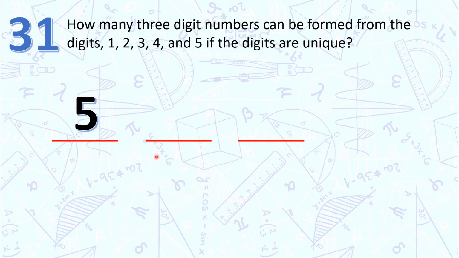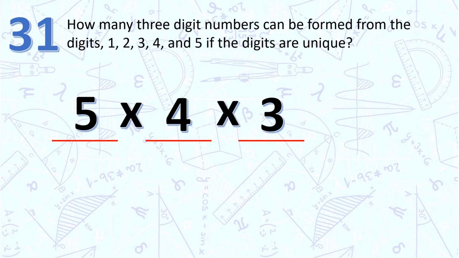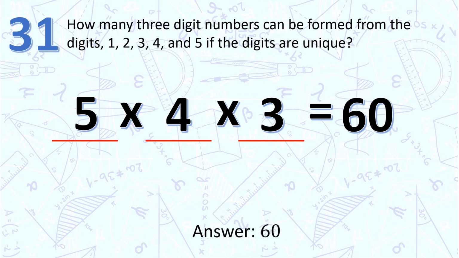So we will only have 4 choices in the second digit. Again, if we have used 2 of the digits already, we cannot use them again. So we will only have 3 choices for the third digit. By multiplication principle, we multiply 5 times 4 times 3. That will be 60 3-digit numbers that can be formed.